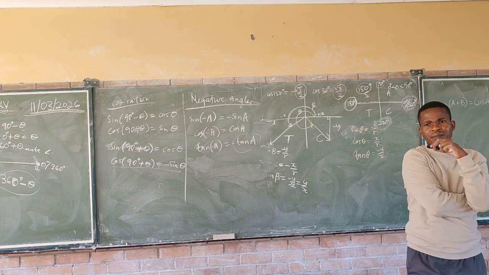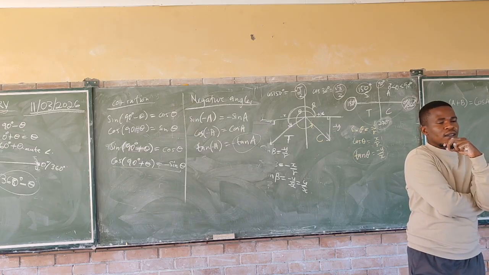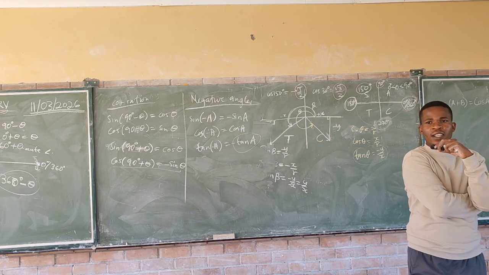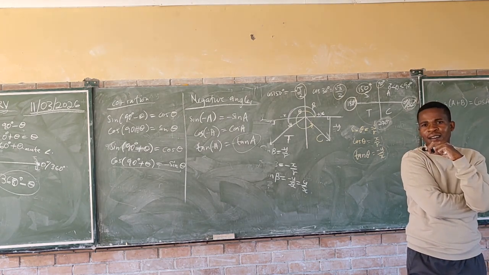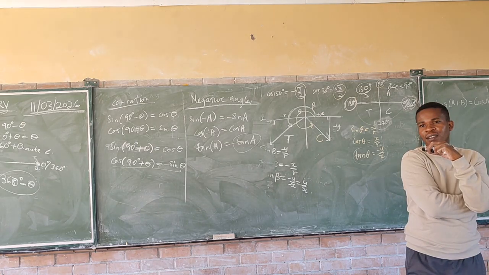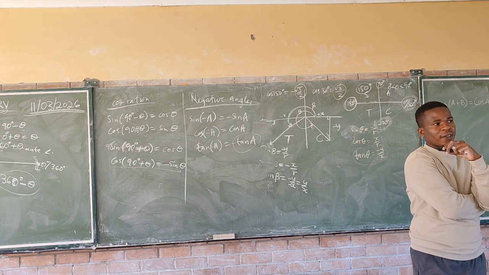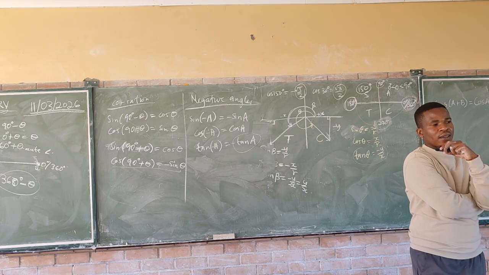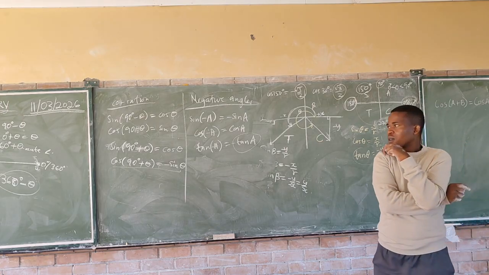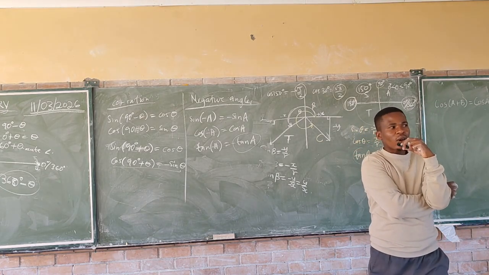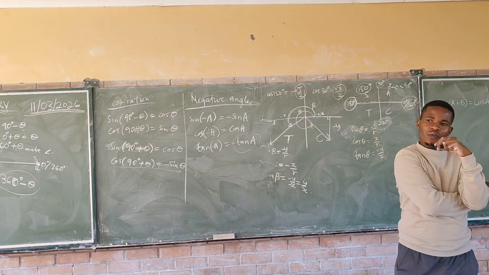In other words, what is it that is negative in that quadrant? Yes, it's the ratio. So the ratios are the ones that are negative.